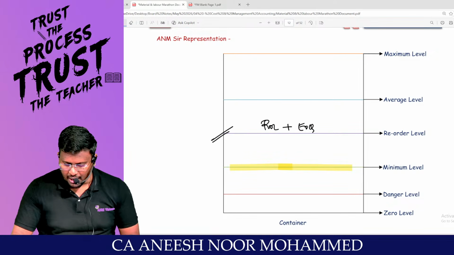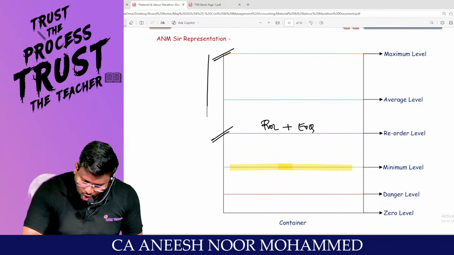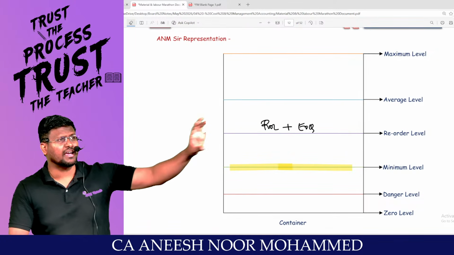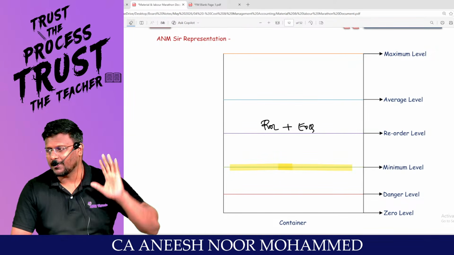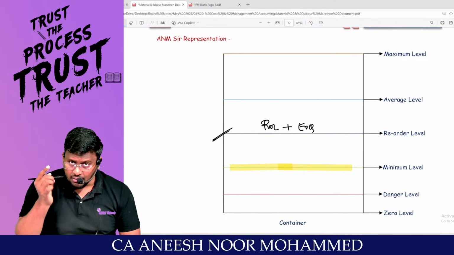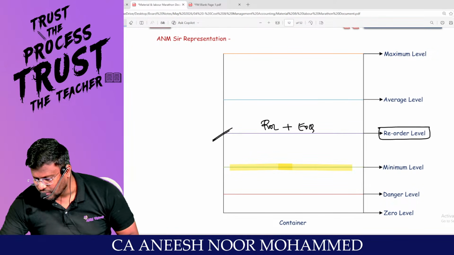When the stock after consumption reaches this point, we will immediately call our supplier and say, please send the next lot. At reorder level, we will be ordering the economic order quantity, my dear lovable students.